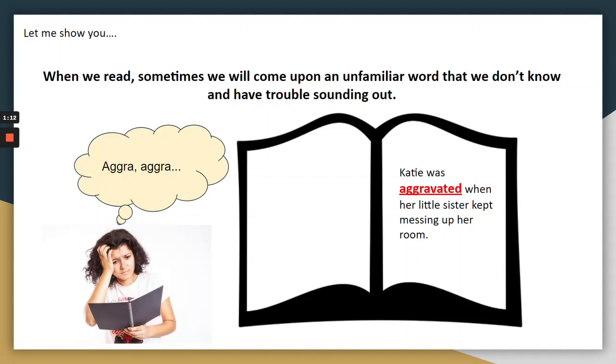When we read, sometimes we will come upon an unfamiliar word that we don't know or may have trouble sounding out. I will model. Katie was agra.